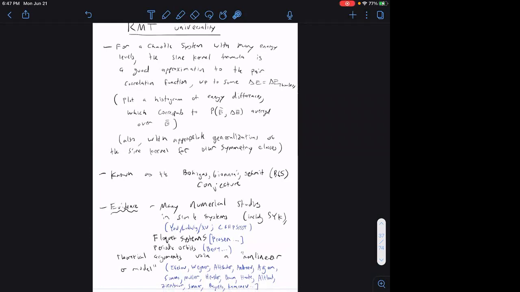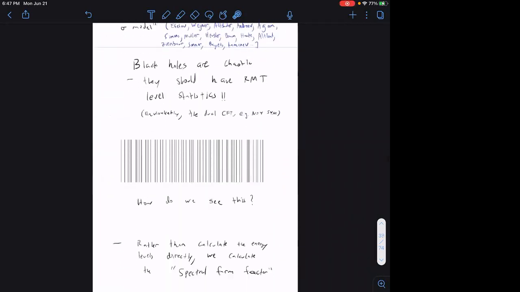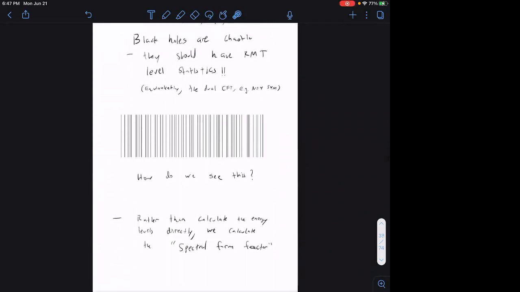It's a very generic feature we expect of chaotic systems. In particular, we think it should apply to black holes because black holes are chaotic. So in the remainder of this lecture and the next, one of the questions we're going to try to address is, in gravity, can we derive this sine kernel formula?